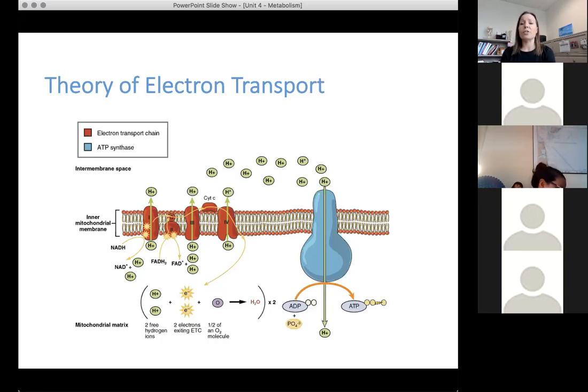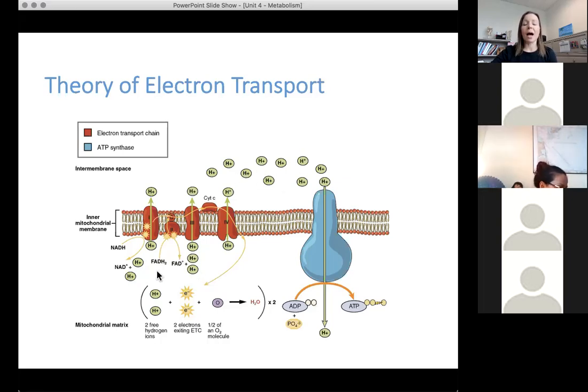So electrons are getting passed along from one protein to the next, to the next. And these proteins are using the energy that's radiating off of these electrons to pump hydrogen ions out from the inner matrix out to this space out here.